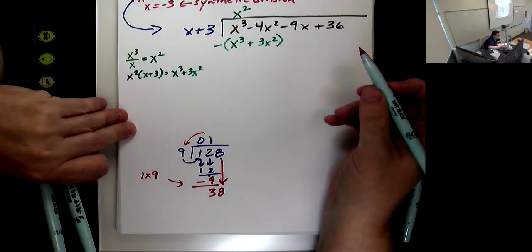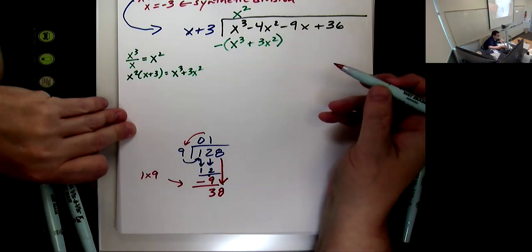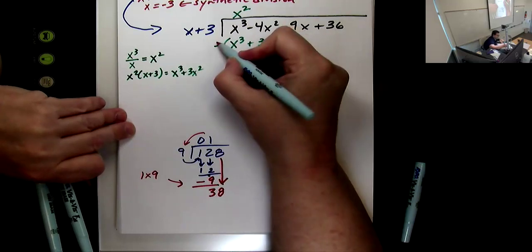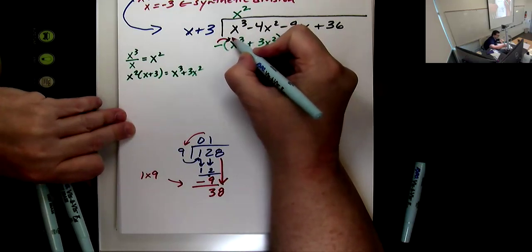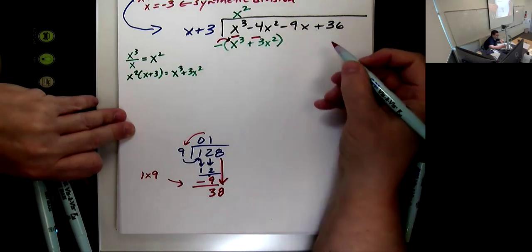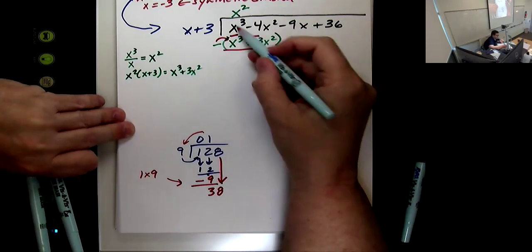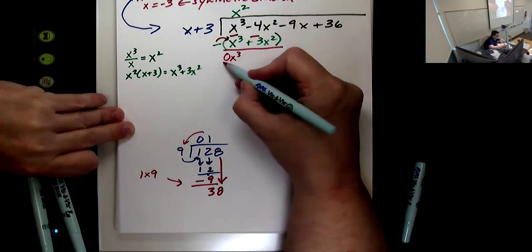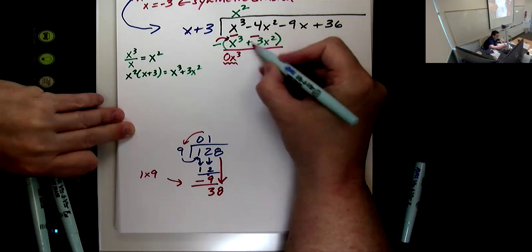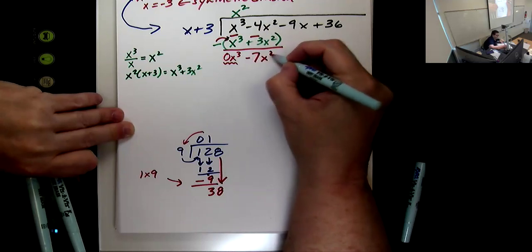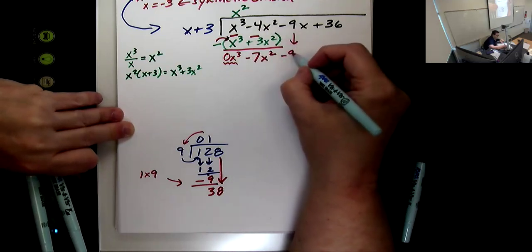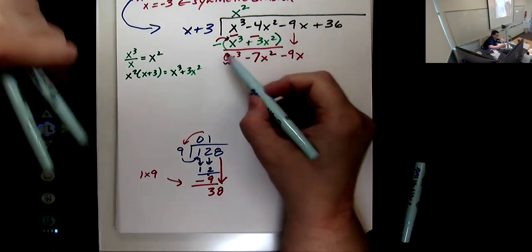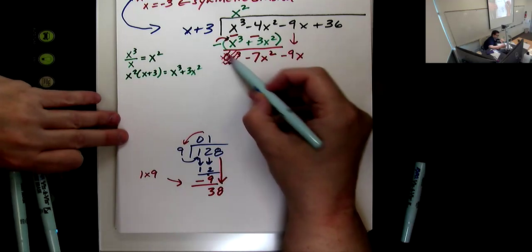I gotta distribute the negative, so this will be a negative and this will be a negative 3x squared. So when I subtract, I should get 0x cubed. That's by design. And I have -4 and -3 is -7x squared. And I bring down the next term, -9x. With that being a 0, I don't need to write it. I'm just gonna cross it out.